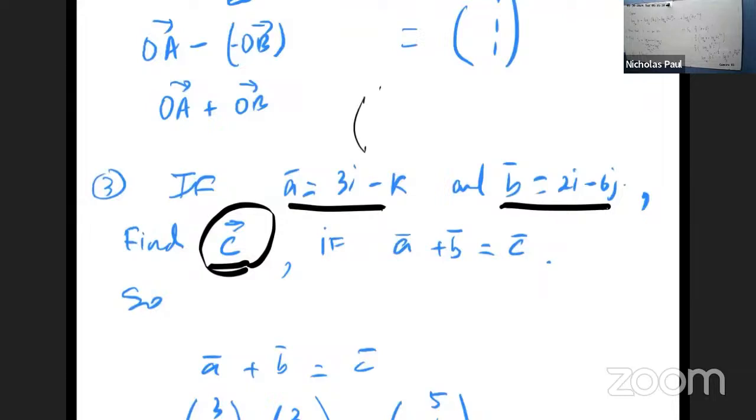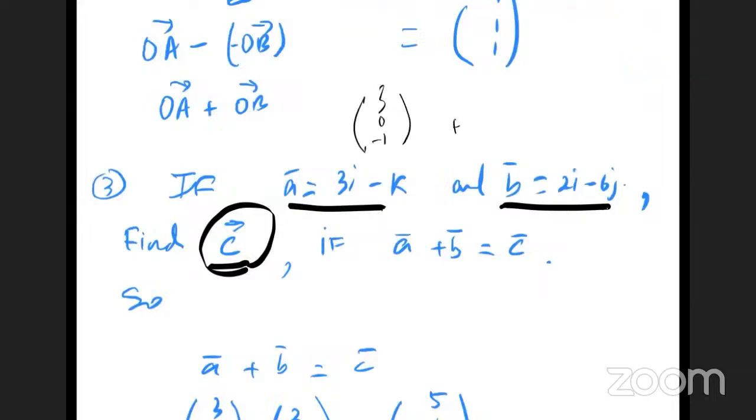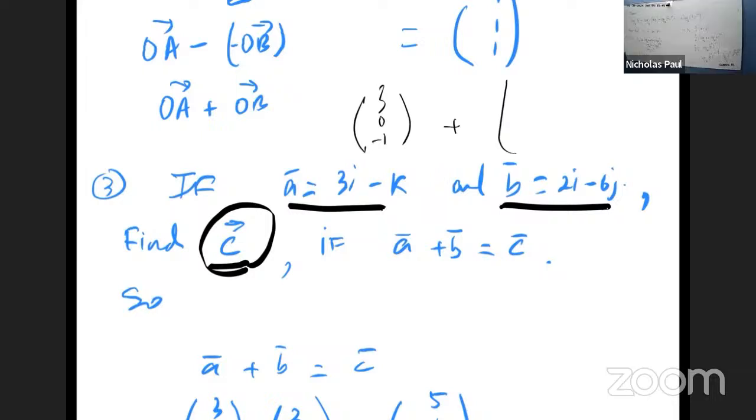Remember, a is 3, 0, minus 1. b is what? Not c, b. b is 2. So add it and you will get c. How much is that? 5, 6, minus 1. Very good.